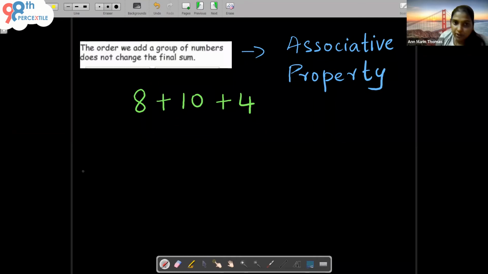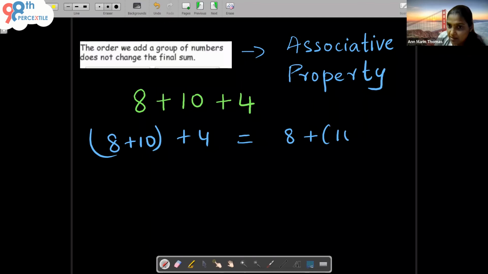For all those who got confused in this, 8 plus 10 plus 4 is equal to 8 plus 10 plus 4. I have my parentheses first here, the brackets. So what are we supposed to do? We have to add the brackets first.